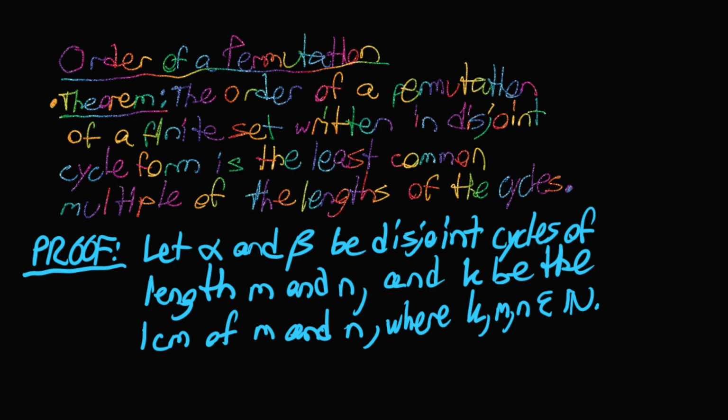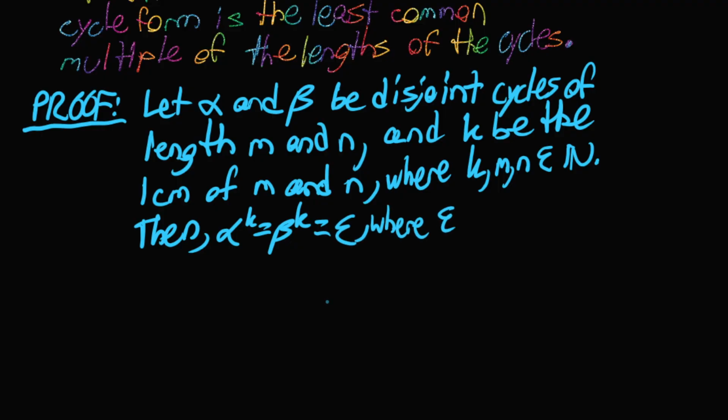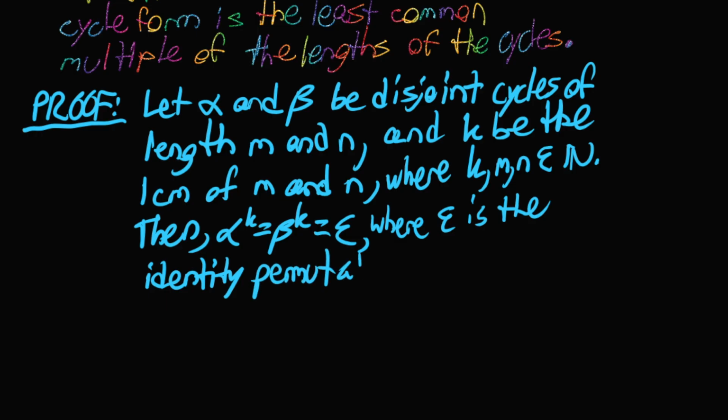Then alpha raised to the k equals beta to the k equals epsilon, where epsilon is the identity permutation.